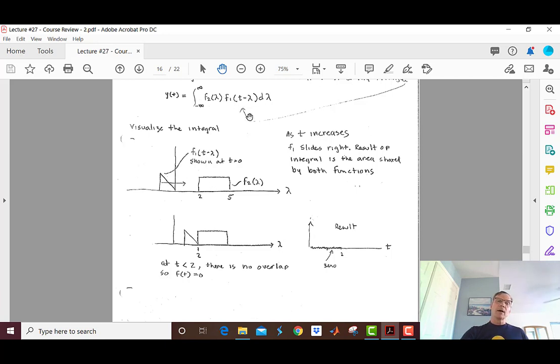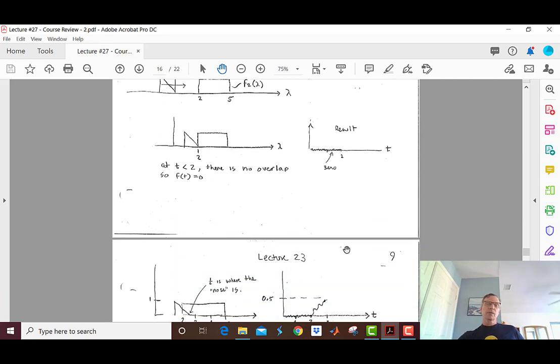But when t is equal to 0, then this function is over here. There's no overlap. And I can slide it up to 2, and there's going to be no overlap. So my result is that I get no overlap, meaning I get a 0 output up until t equals 2.